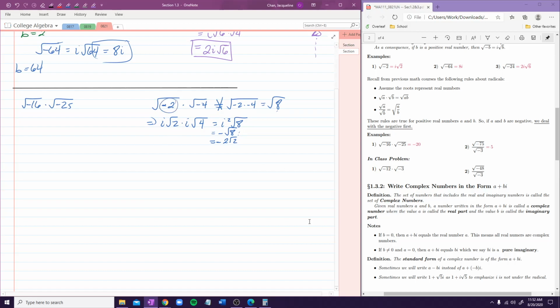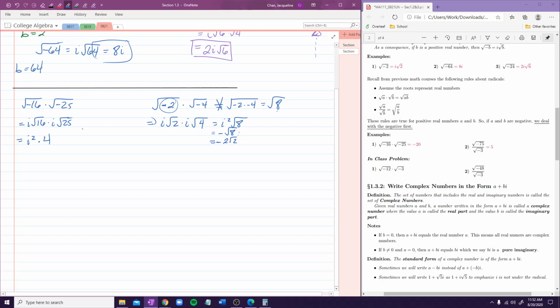Right? So let's go back to our example. So the square root of negative 16 times the square root of negative 25, we're going to deal with our negatives first, so I'm going to pull out that i first. We can get our i's together, so this is going to be i times i, which is i squared. We also know what the square root of 16 is. The square root of 16 is 4, because 4 times 4 is 16.